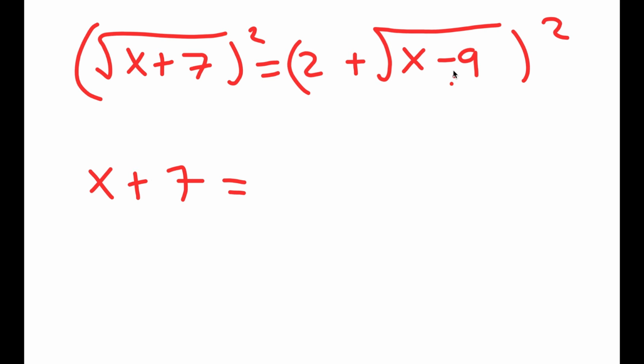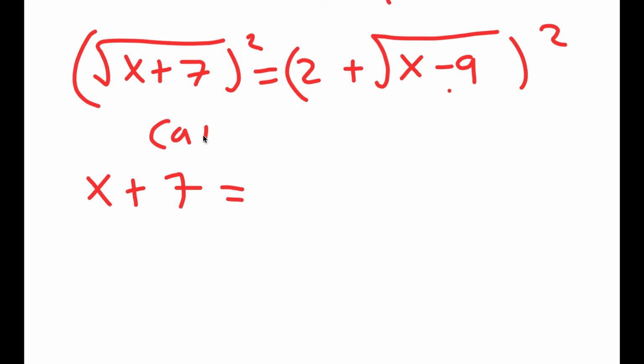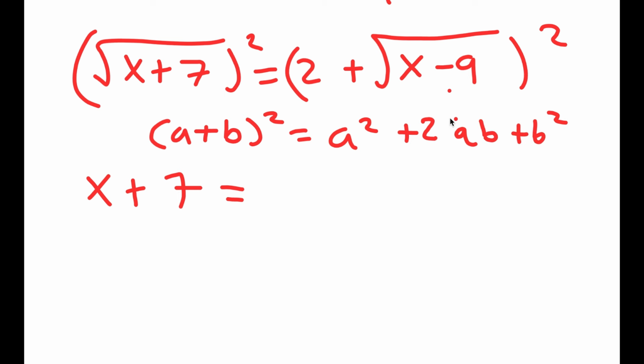But for 2 plus the square root of x minus 9 squared, if I have something in the form a plus b squared, this is equal to a squared plus 2ab plus b squared.